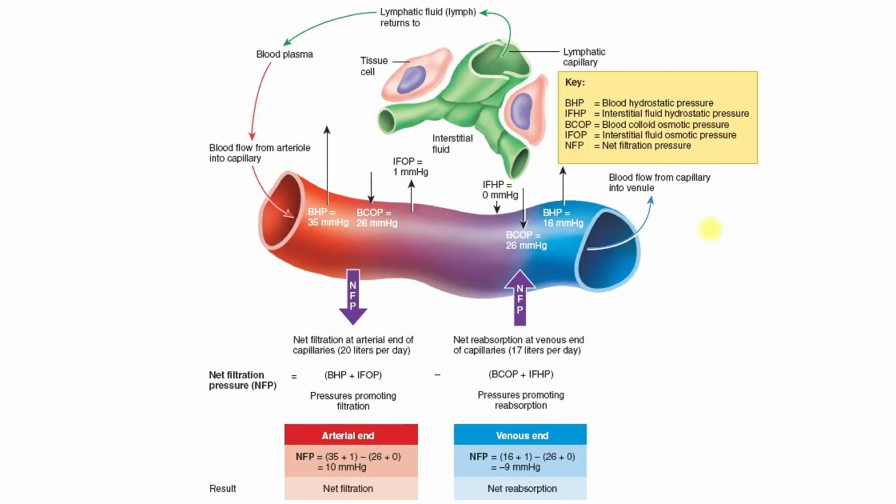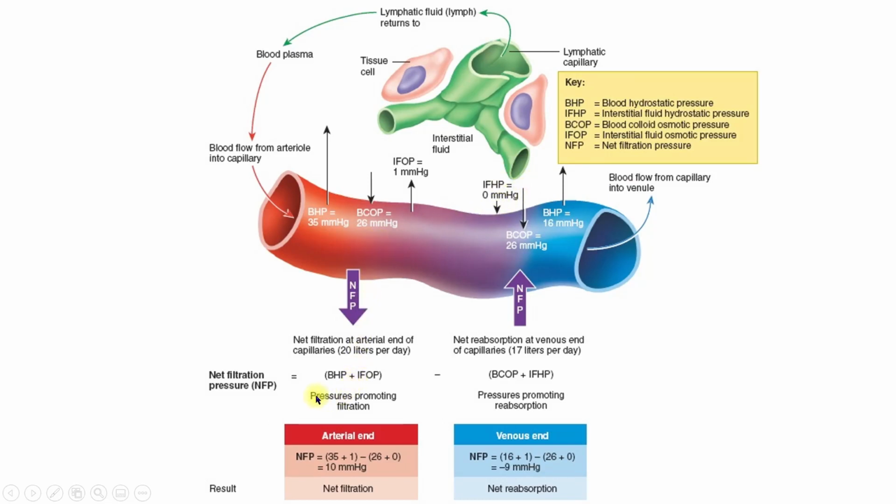Okay, so we have this diagram here to show you how the formula can be applied. Right, so we have this blood capillary which has an arterial end and this venous end. So let's apply the formula that I mentioned earlier.